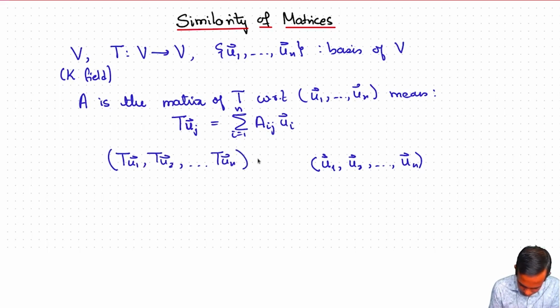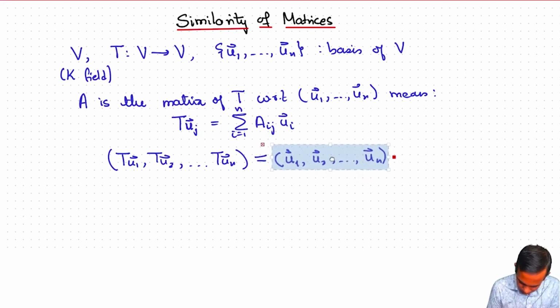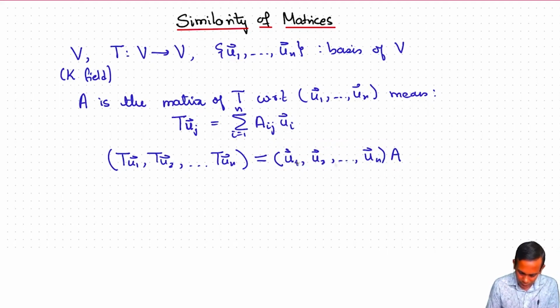This vector is equal to the first vector times the matrix A. This identity, written in vector form, is equivalent to the identity above, which can be taken as the definition of saying that the matrix of T with respect to the basis u1, u2, ..., un is A.